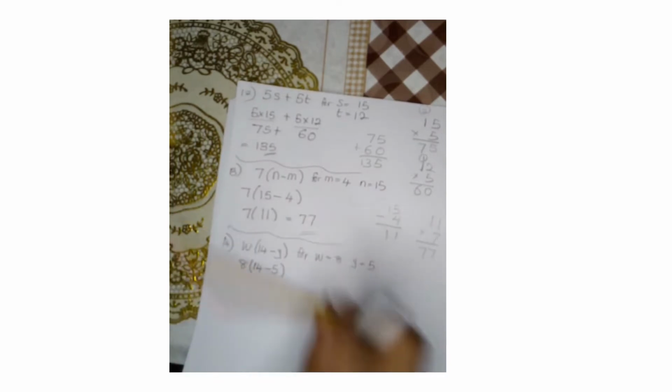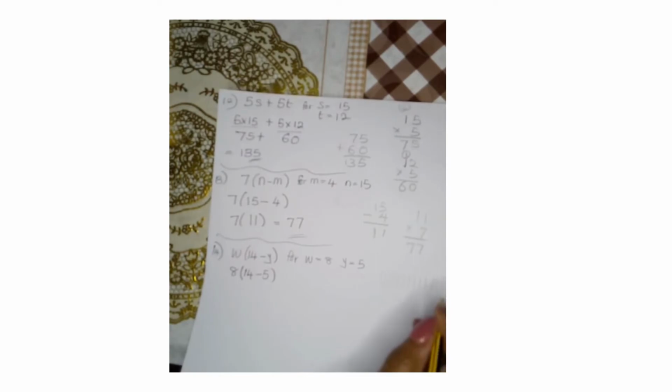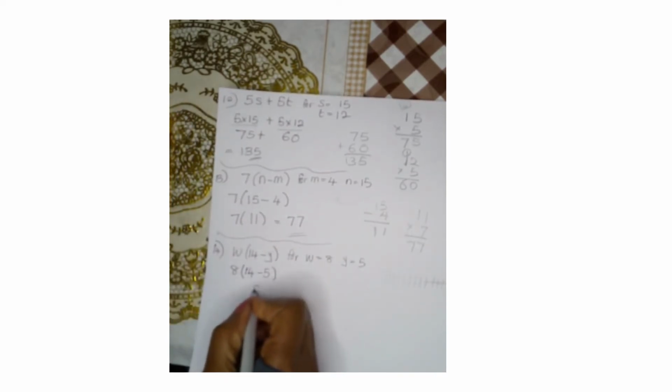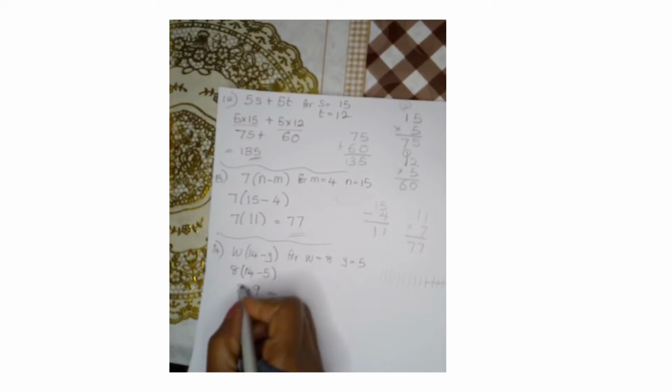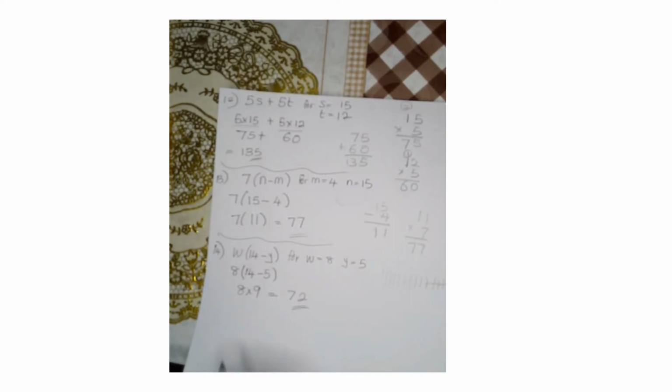You can write it like this. You can count 1, 2, 3, 4, 5, 6, 7, 8, 9, 10, 11, 12, 13, 14. Minus 5. 1, 2, 3, 4, 5. What do we have? 1, 2, 3, 4, 5, 6, 7, 8, 9. So here is 9. 8 times 9 is going to give us what? 72. Okay, that is it.